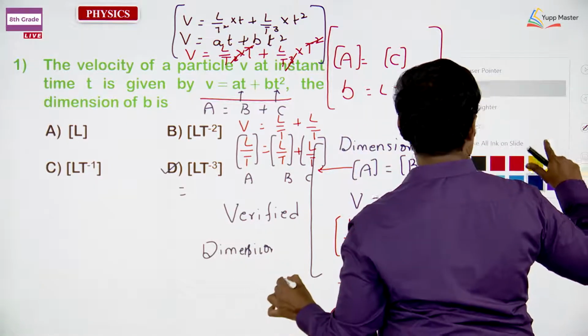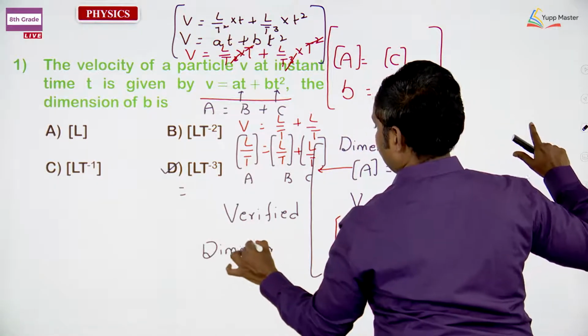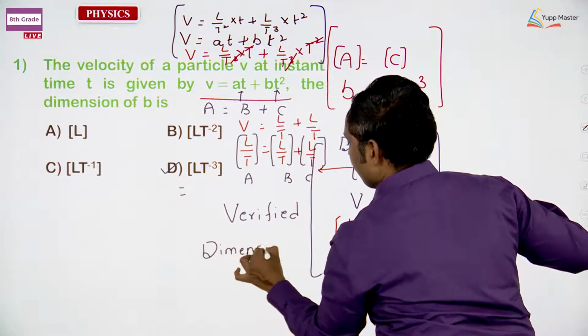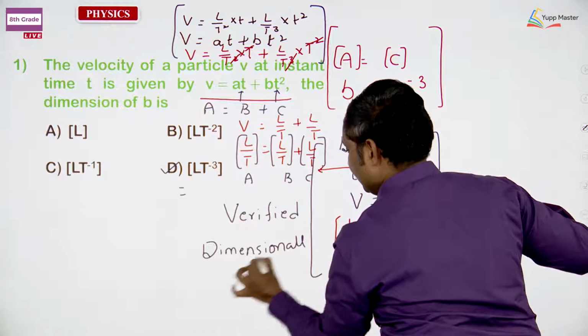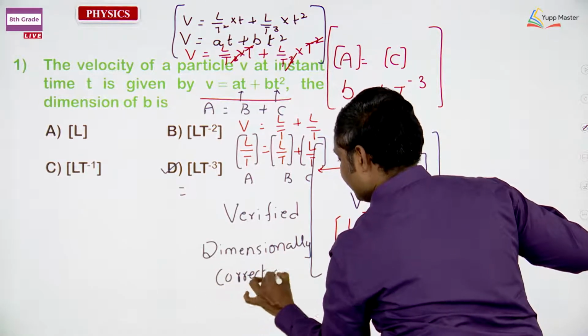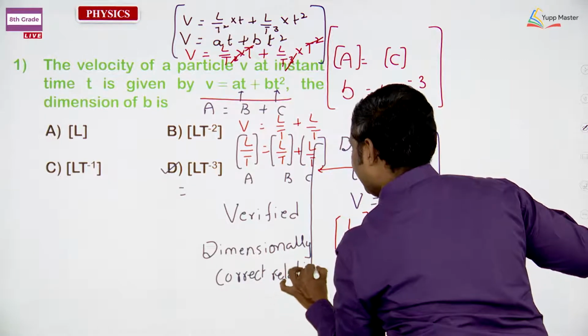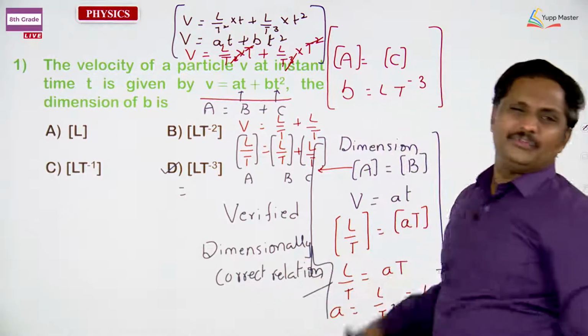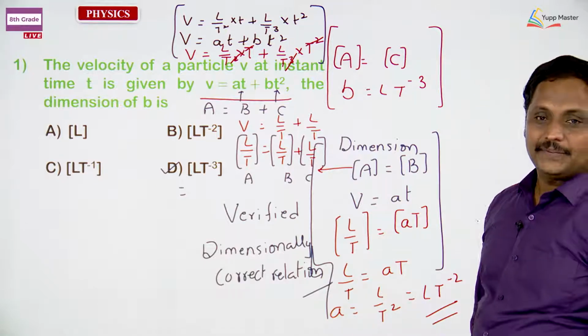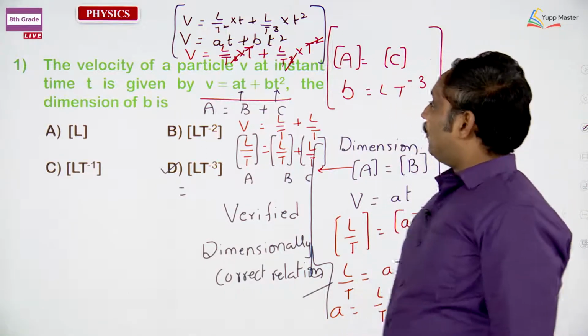You can take that. So, it is the correct relation. Yes, it is very clear. If they have given any kind of problems, you can easily solve that. Yes. So, let us go for another problem.